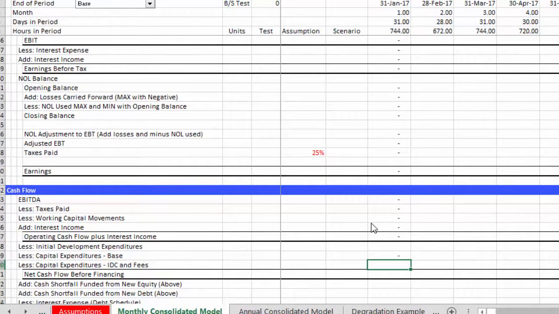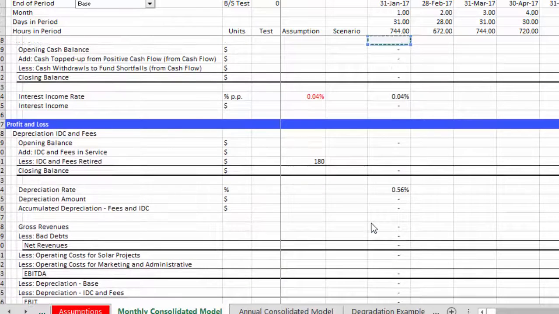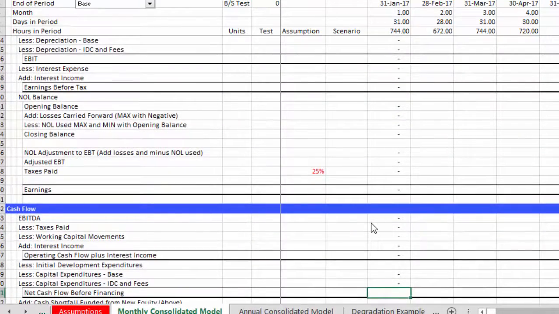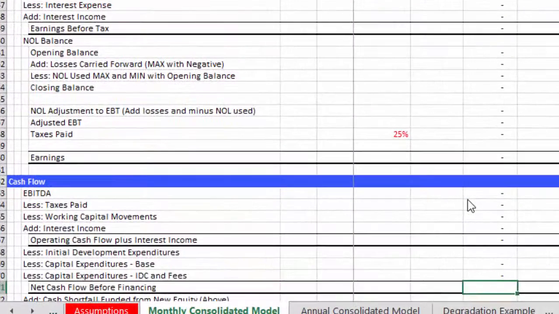Now the IDC and the fees, I'll take this from the IDCs and the fees we put in this balance. Now that's going to be zero at first. And for right now, we're going to leave them as zero. So then take the last subtotal and subtract the rest of the stuff.